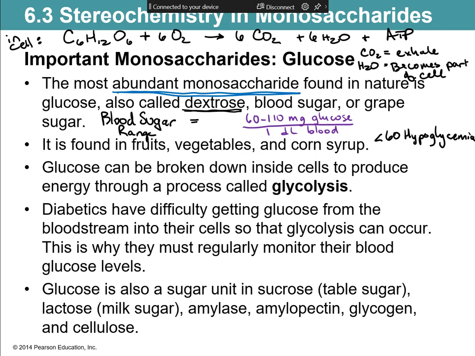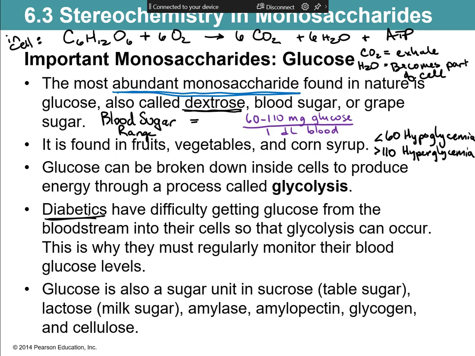If it goes over 110, what do you call that? Hyperglycemia. So the term hyper is above. Glycemia is referring to that sugar in the blood. Okay? Hypo, think low. Hyper, think high.